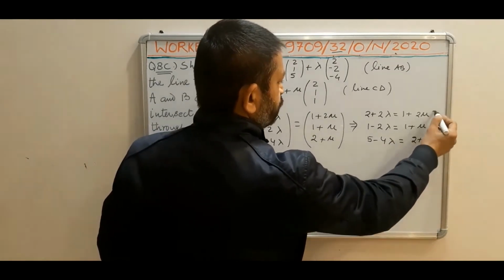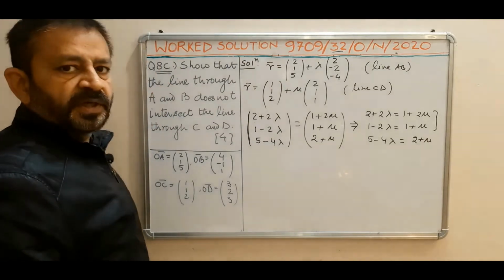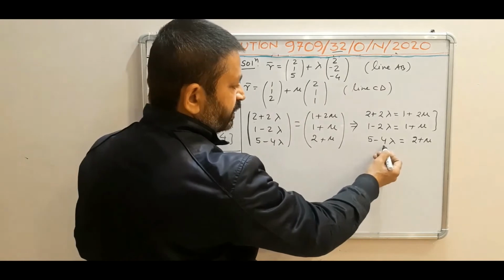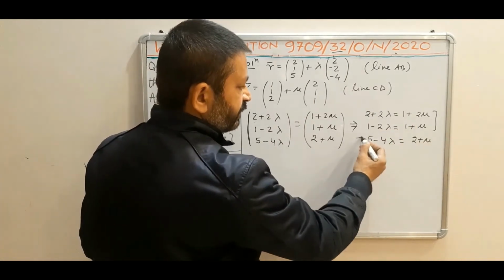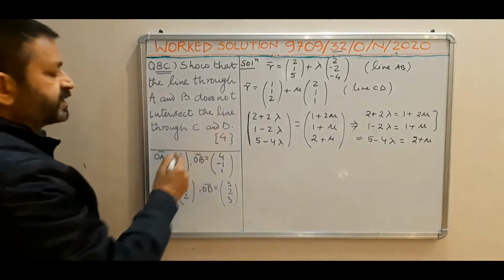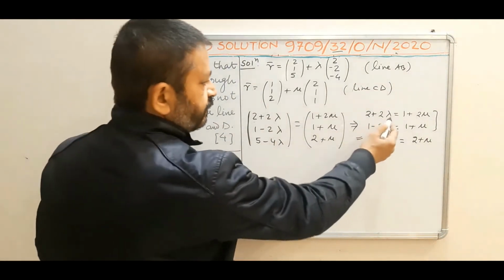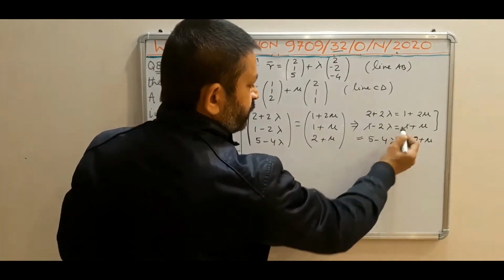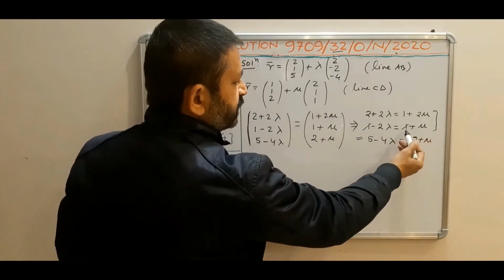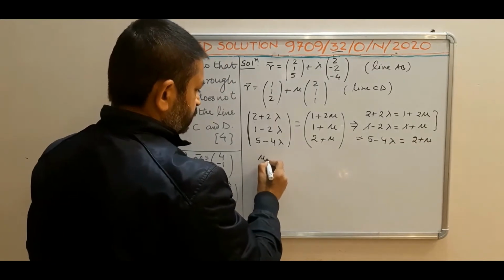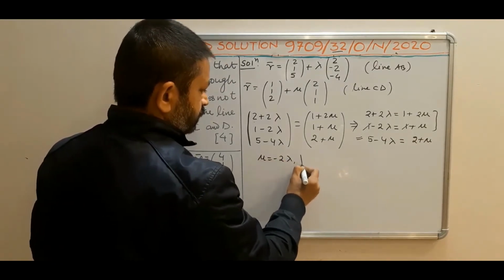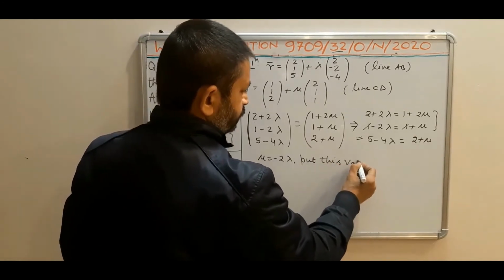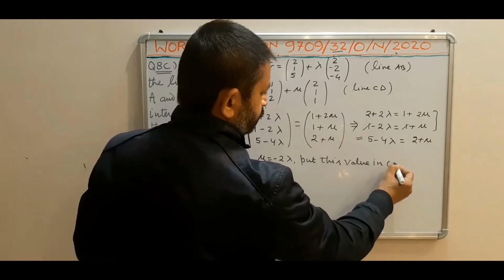So what we'll do, we'll just solve any two relations and get the values of lambda and mu. If those values of lambda and mu do not satisfy the third relation, it means they are not intersecting lines, right? So first solve 1 and 2. From there, this 1 and 1 will cancel out. So from here we have mu is equal to minus 2 lambda. Put this value in the first.